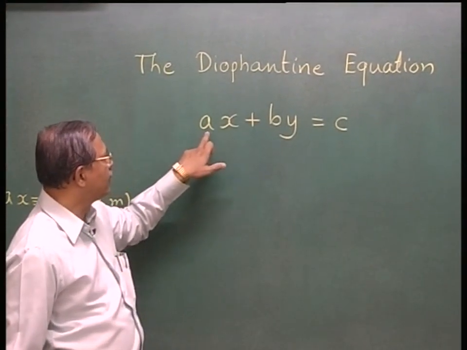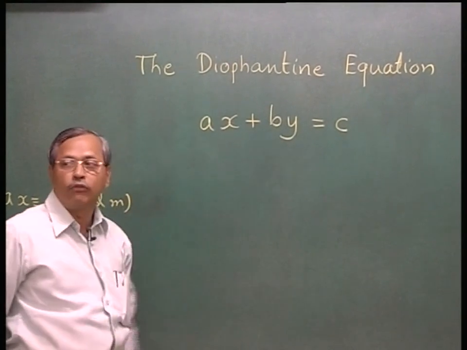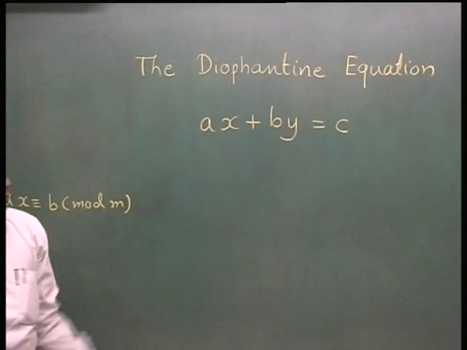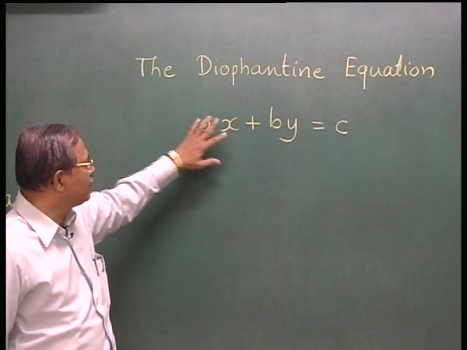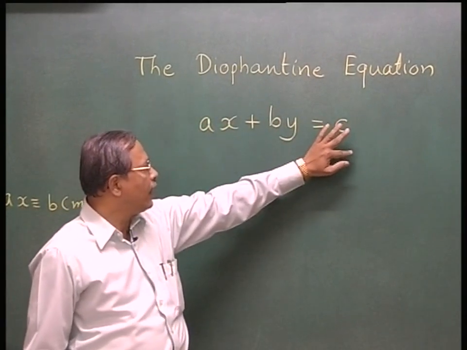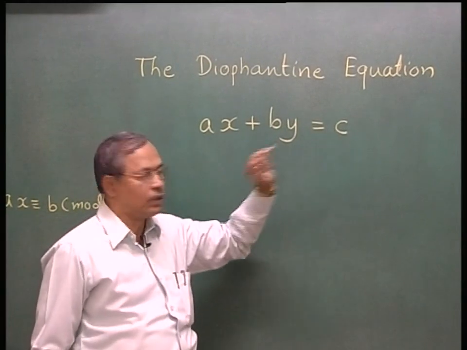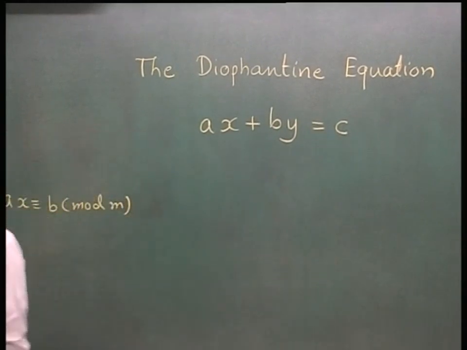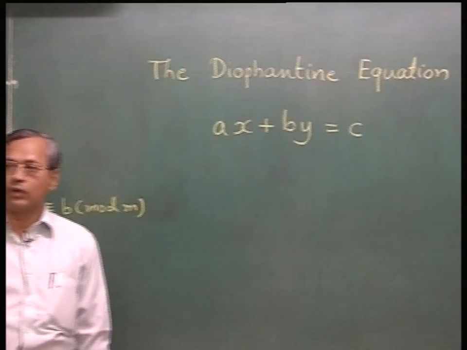We can assume that at least one of A and B is not equal to 0. Because if both A and B are 0, then the equation becomes 0 times x plus 0 times y equal to C, and in this case if C is not equal to 0, then there is no integer solution. If C is 0, you can say that every integer is a solution to the equation.